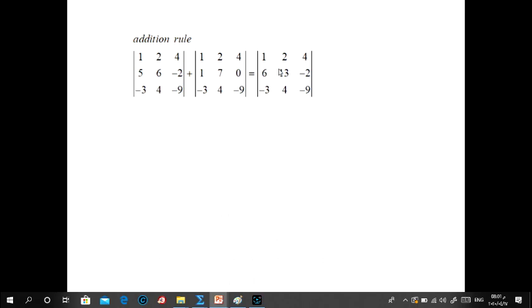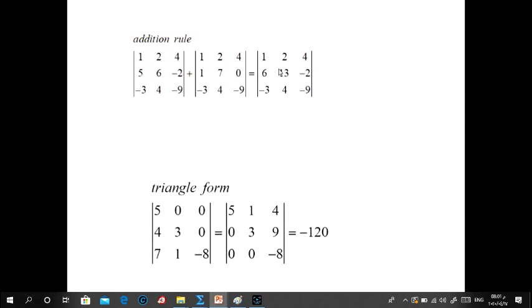The last form is called the triangular form, and it is very useful if you have three zeros in this place or in this place. The main diagonal will be multiplied together, so the answer will be 5 times 3 times negative 8, and it is the same if the zeros are here.